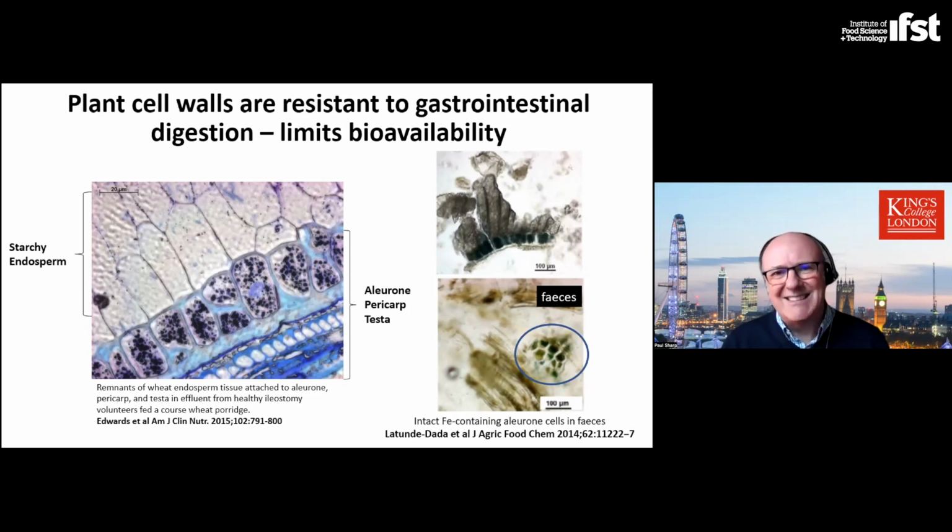We still have intact cellular structure, and therefore any of the mineral that's contained within the aleurone of this wheat flour will not have been released and will not have been taken up within the gut for future onward transport and metabolism in the body. So a combination of the speciation, the localization, and the encapsulation by plant cell walls really limits the bioavailability of minerals from cereals and cereal products.